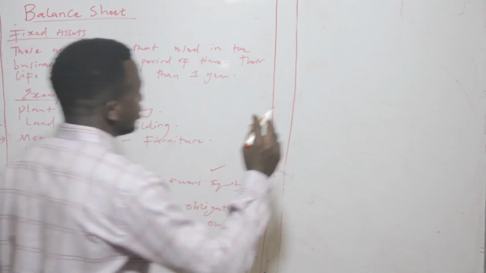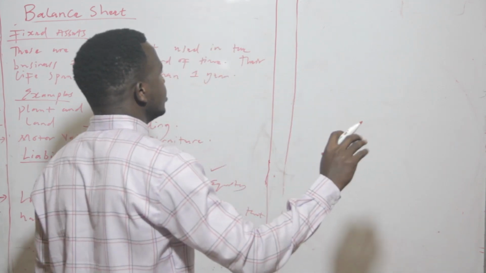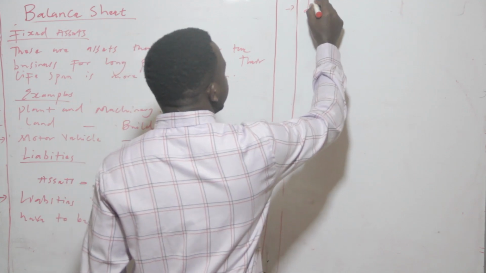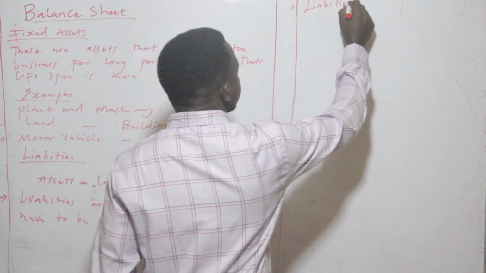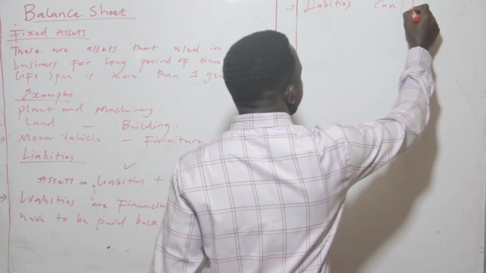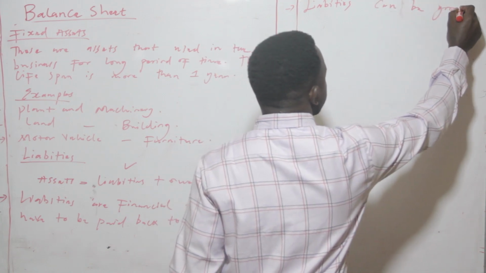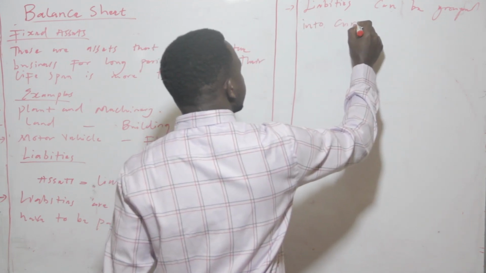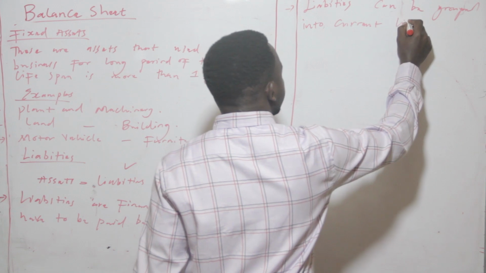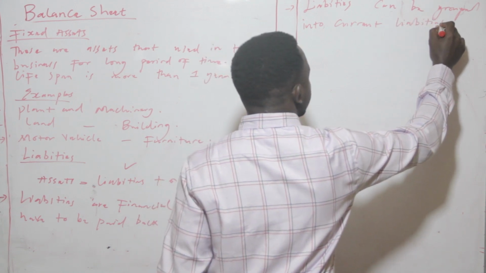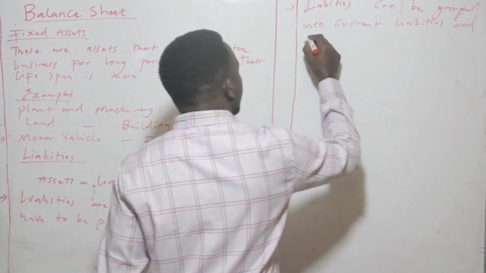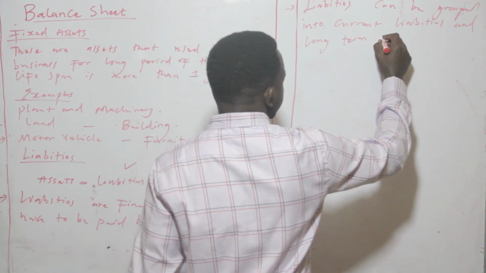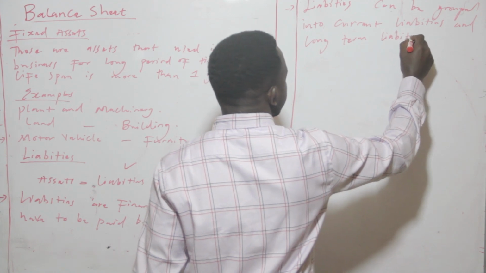the liabilities can be grouped into current liabilities and long-term liabilities. So liabilities can be grouped into current liabilities and long-term liabilities.